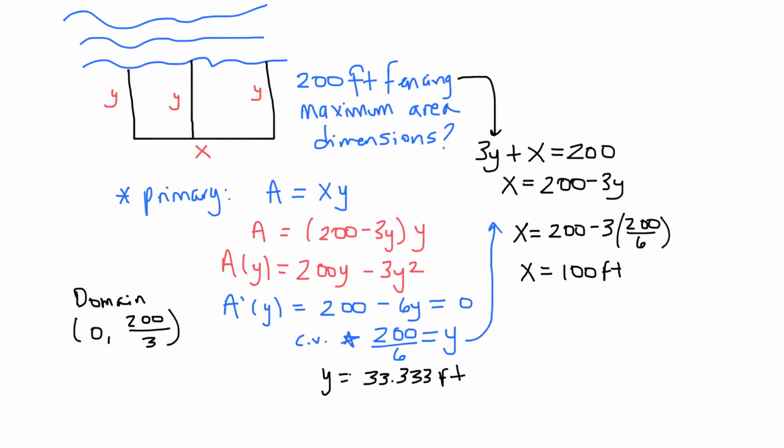And you can do a quick check. If you take 33.333 and multiply it by 3 of them, you get 100. And then if you add 100 for the x, that's your 200 feet of fencing. And because it was the critical value, the only critical value, then this is your absolute maximum area. So then we would say that the dimensions are 100 feet by 33.333 feet.